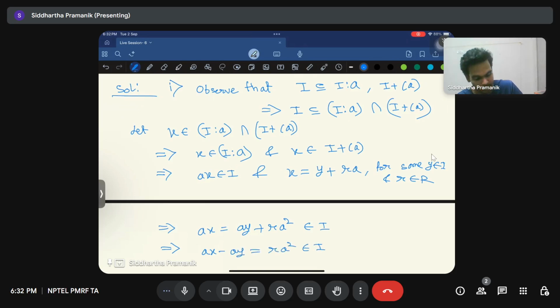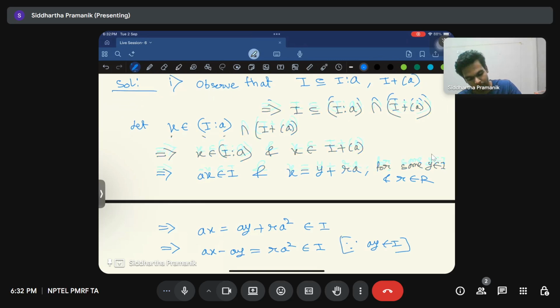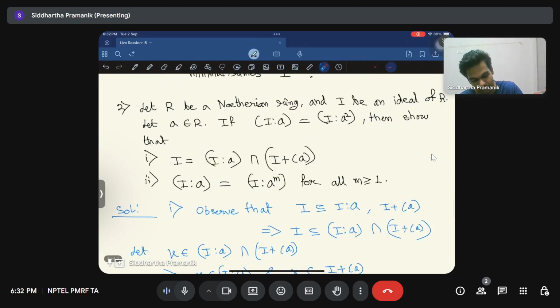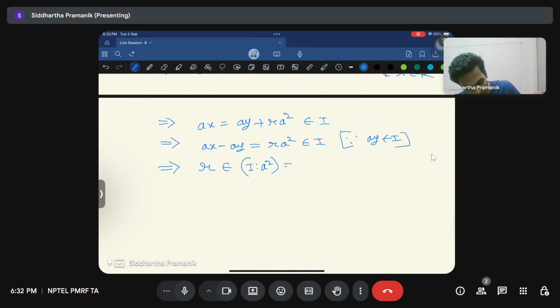This is in I because ay is in I. Now this implies ra squared is in I. So r belongs to I colon a squared. But what is given? Given is I colon a squared is the same as I colon a. So this is the same as I colon a. So from this we can write r times a is in I.